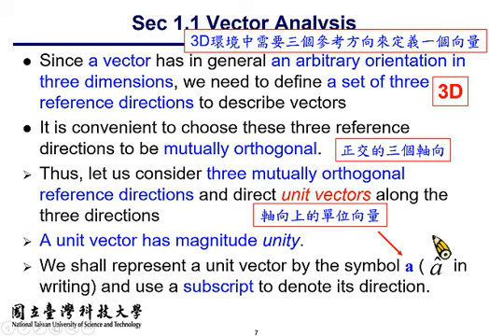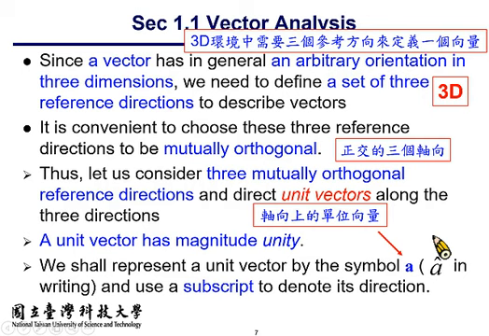arrowhead above, suggest direction as well as magnitude, which is 1. So ax, ay, az over there are the so-called unit vectors, which have a magnitude of unity.